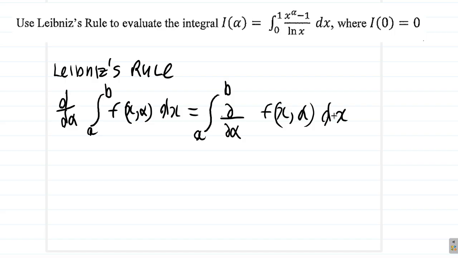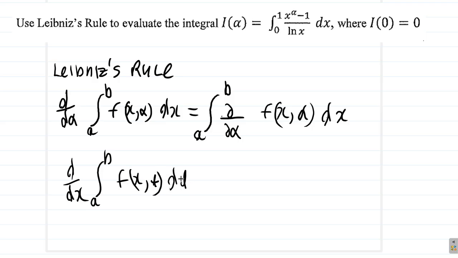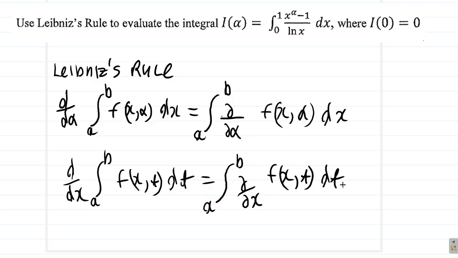Now, you might see Leibniz rule written elsewhere in a different format. You might see it as the derivative with respect to x of the integral from a to b of f of x and t dt is equal to the integral from a to b of the partial derivative with respect to x of f of x and t dt.